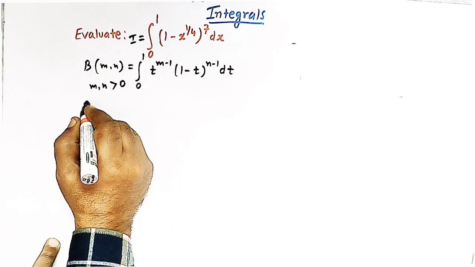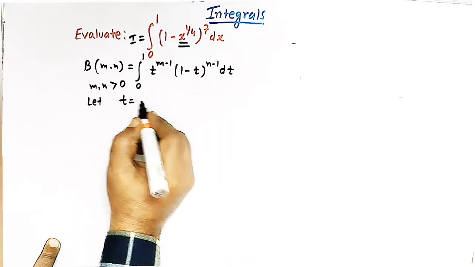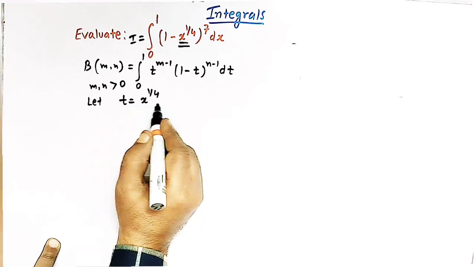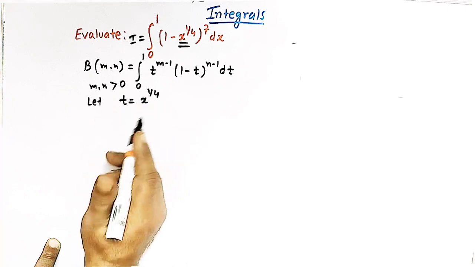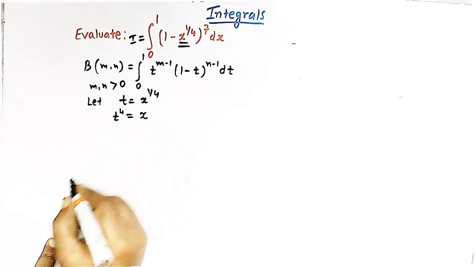So let us make this substitution, that is t is equal to x raised to 1 over 4, and from this expression we can write t raised to 4 is equal to x.